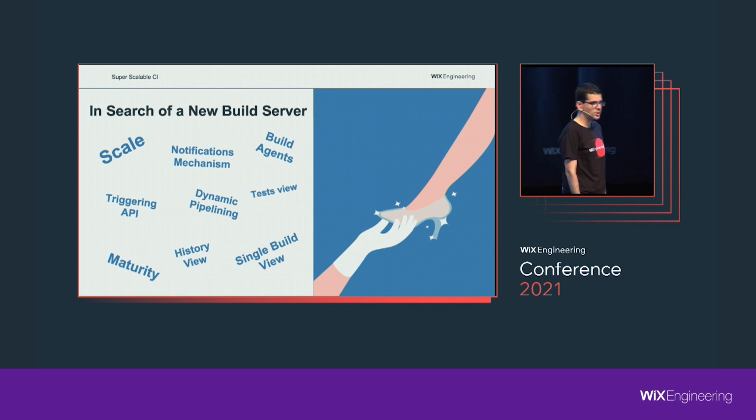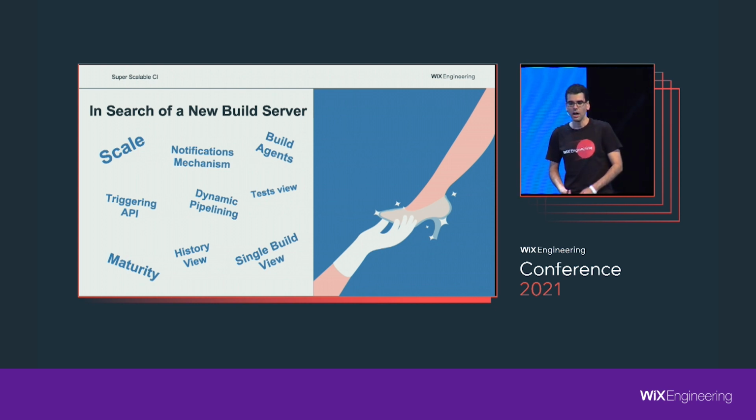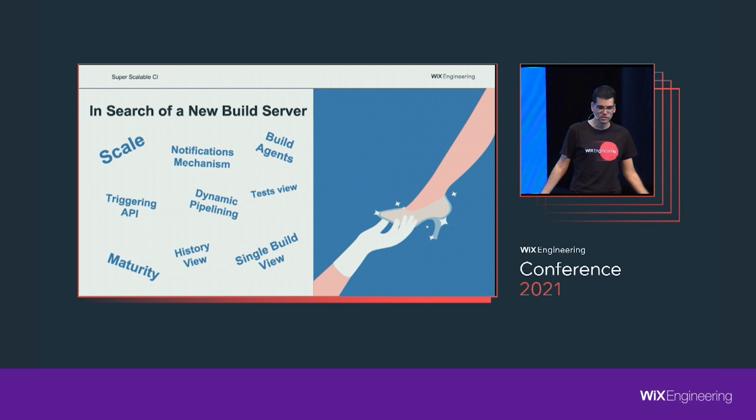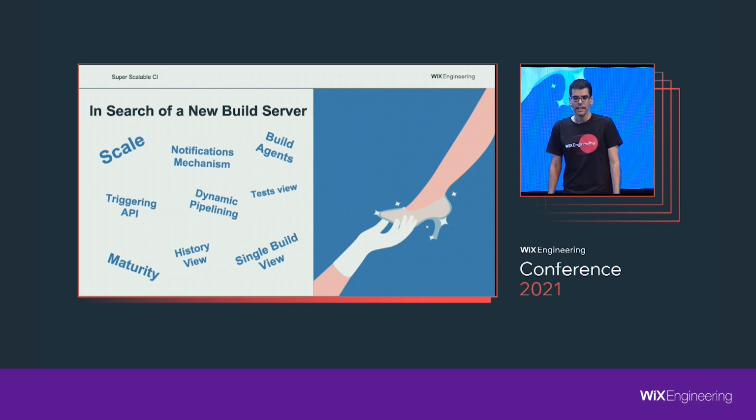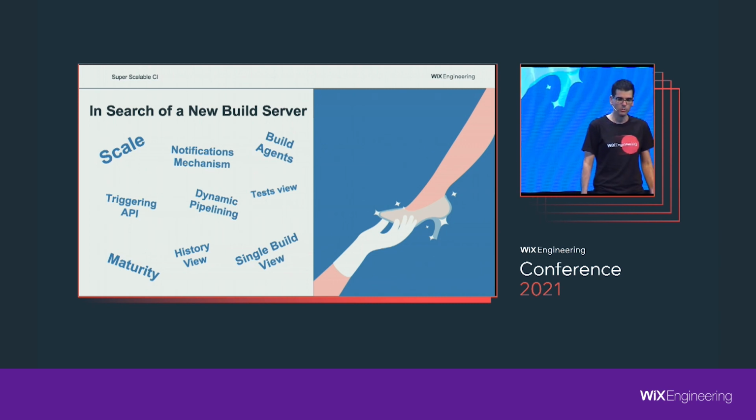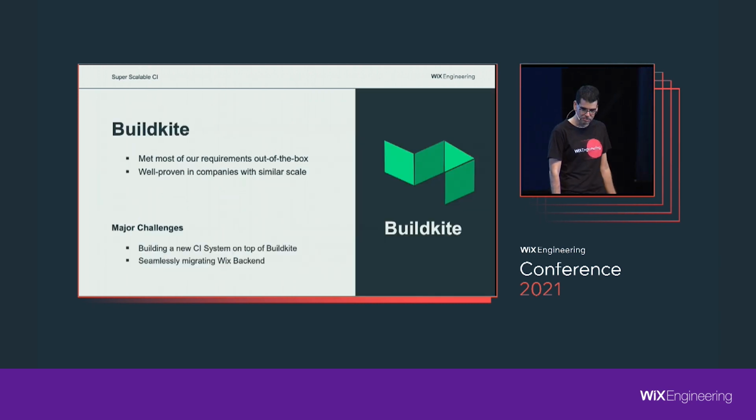So we searched for a new build server, and we created a requirement document and tried to understand what does Wix need from a build server. Then we explored vendors, we conducted POCs, and eventually we chose Buildkite. Buildkite is a CI server, a build server.